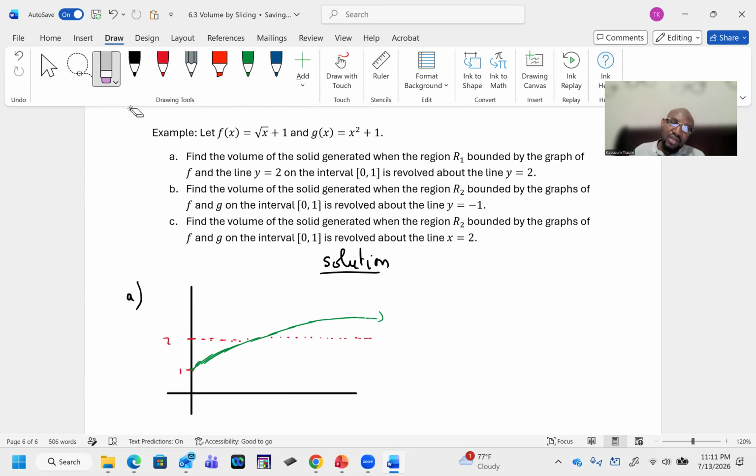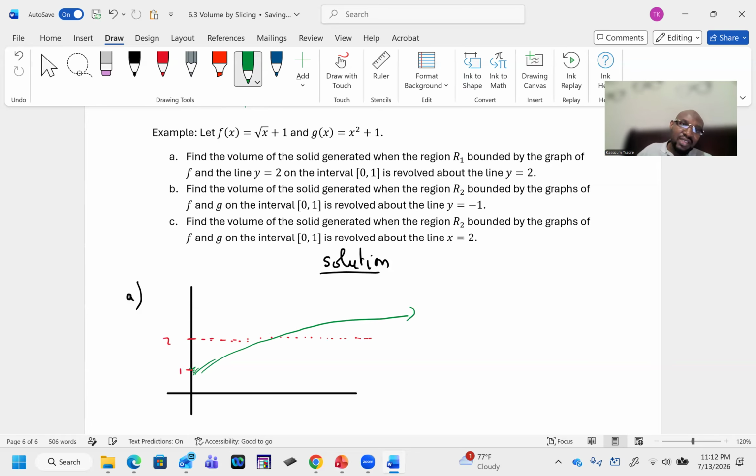You need to know it is a square root graph, okay?